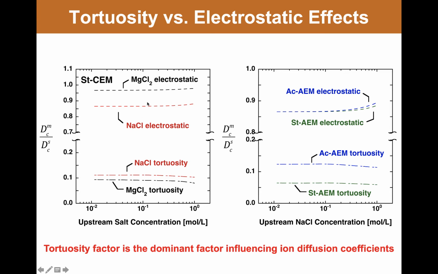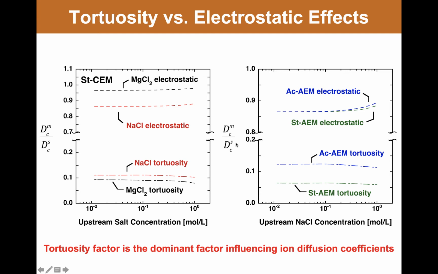What you find is that the electrostatic effects reduce the diffusion coefficient of the coion relative to its value in solution by somewhere from 5 to 15%. However, the tortuosity effects are a full order of magnitude. So the diffusion coefficient of the ions in the membrane is at least a factor of 10 lower than in solution, and most of that reduction is this tortuosity effect of the ions having to weave their way through in between the polymer chains that make up the polymer network.